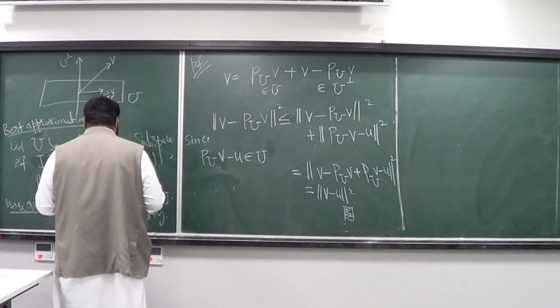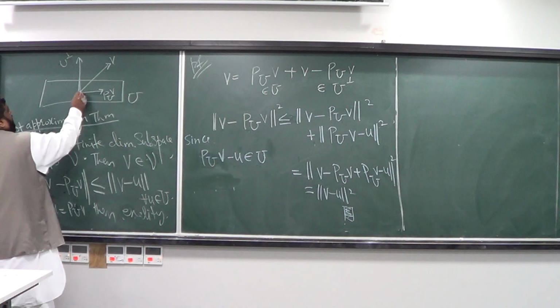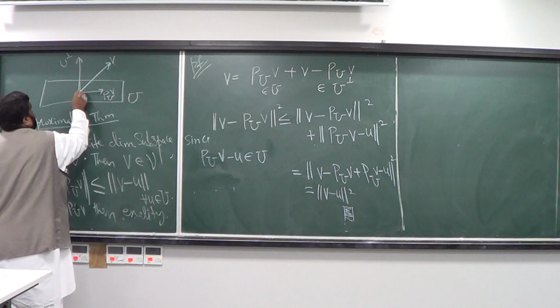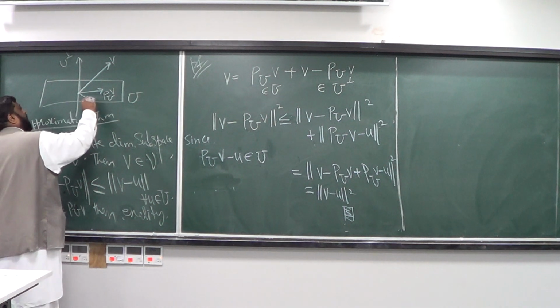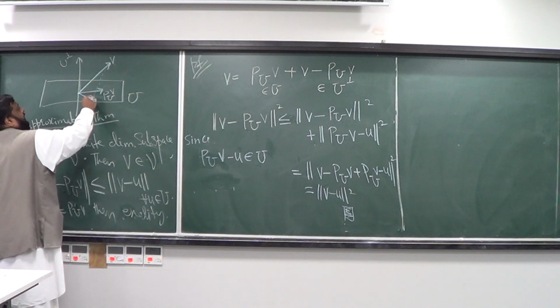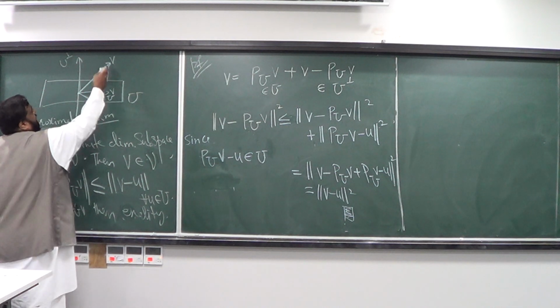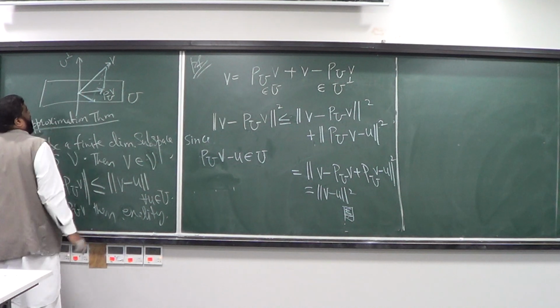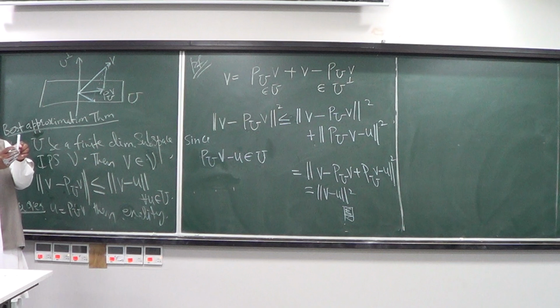If I make a picture of it, I have vector V, and this is the orthogonal projection of the vector V. If I take any other vector U, then the distance between V and U must be greater than or equal to the distance between V and the vector P_U V. So you can picture this: this is vector V, and this is the orthogonal projection of it.